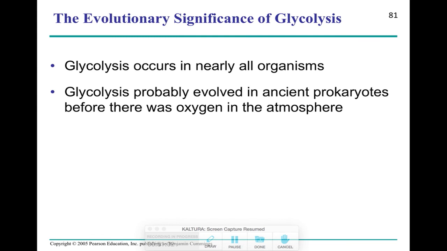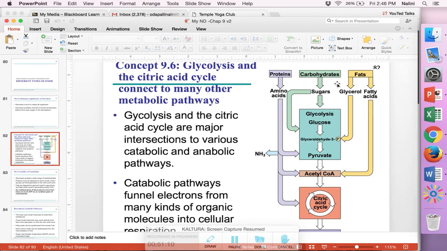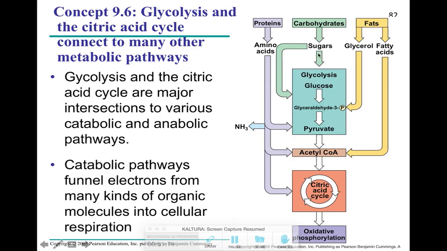Different types of food. We not only eat proteins, carbohydrates, fats. We use different types of carbohydrates, polymers such as glycogen, starch, and disaccharides such as maltose, sucrose, lactose, right?